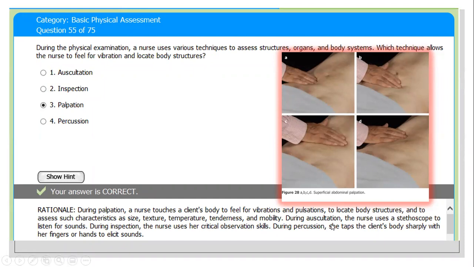During auscultation, the nurse uses a stethoscope to listen for sound. During inspection, the nurse uses critical observation, and during percussion, she taps the client's body sharply with her finger or hands to elicit sound.